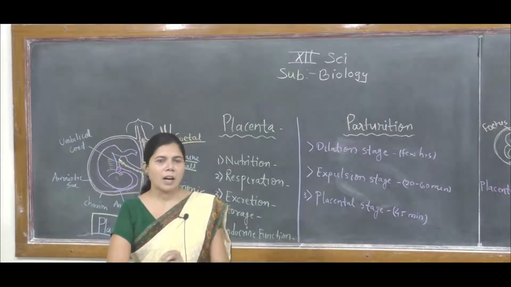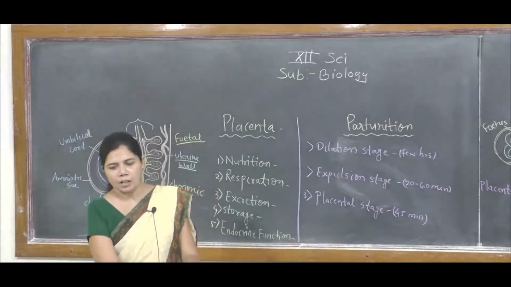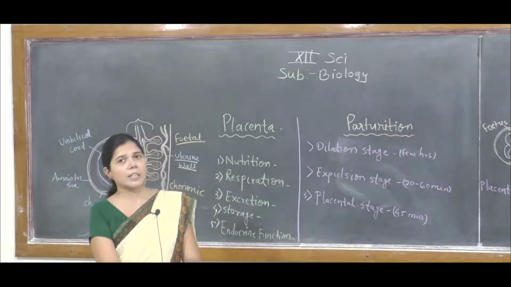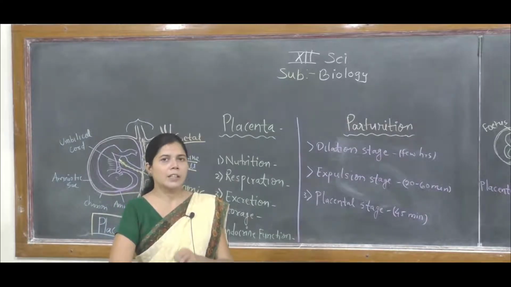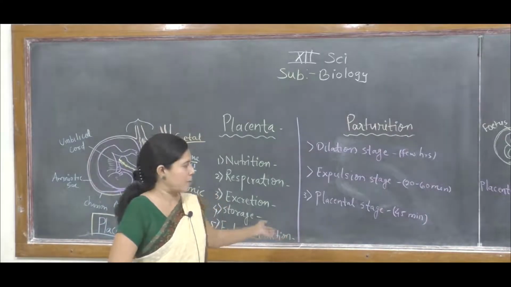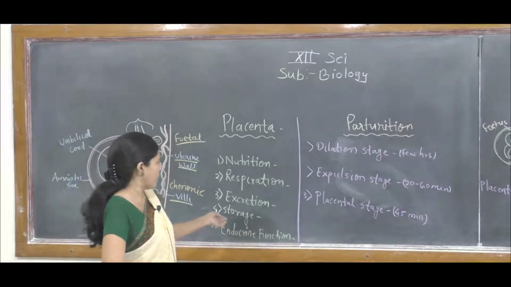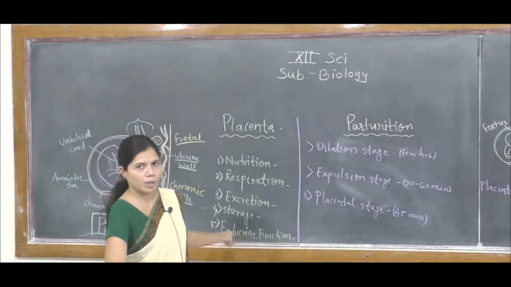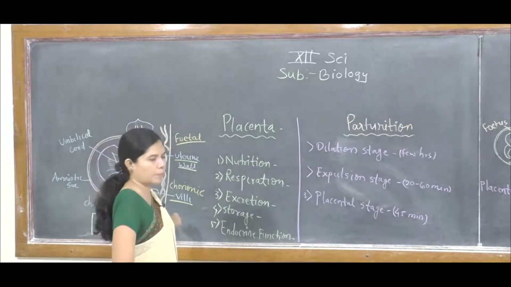The placenta allows only the necessary nutrients and necessary materials from the maternal blood to reach the fetus. That is the function of the placenta as a barrier to the fetus.